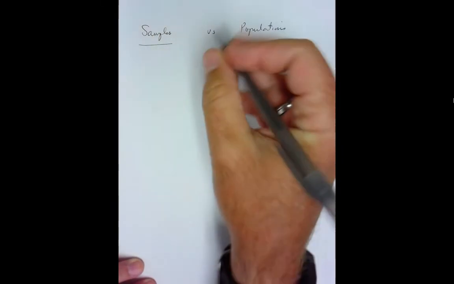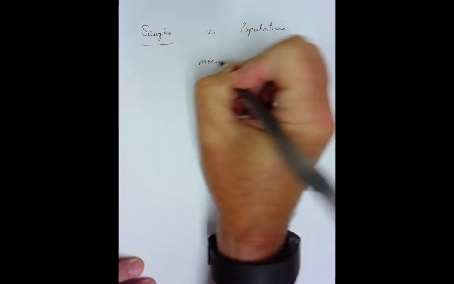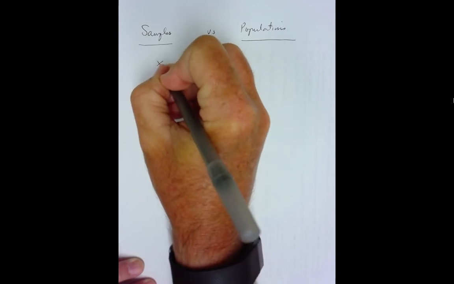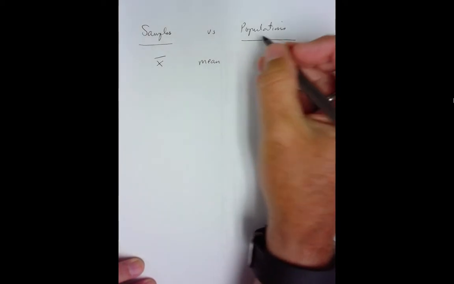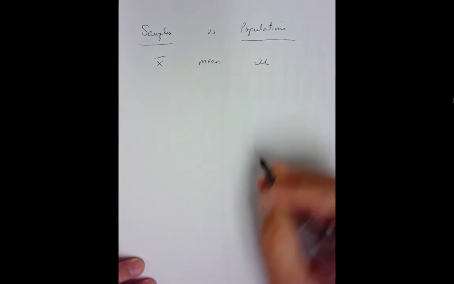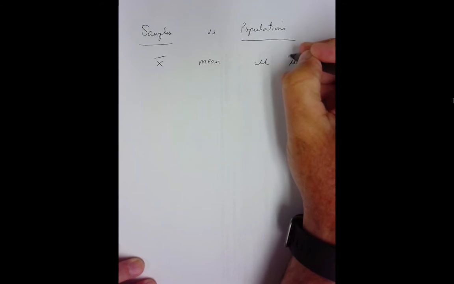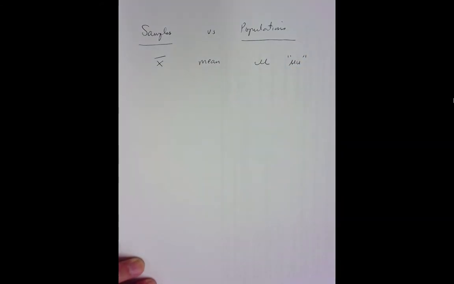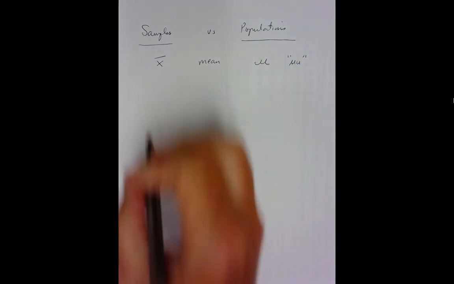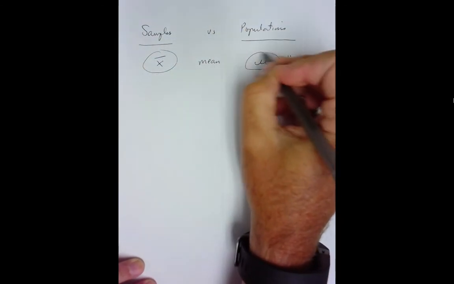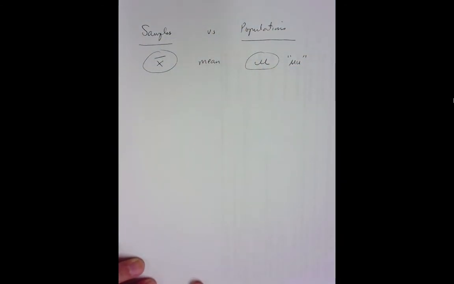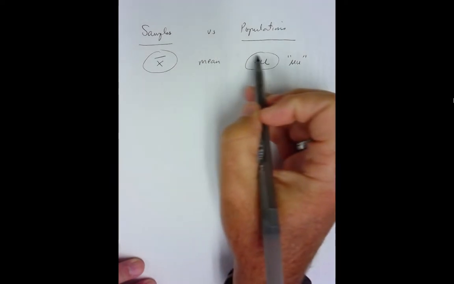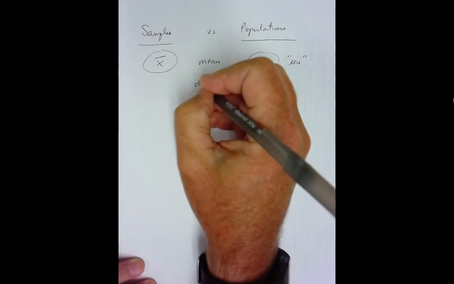In a sample, if I collect a mean, the notation I use is x bar. If I collect a mean out of a population, the notation is mu. So x bar versus mu. Which is the mean? Well, they're both the mean. This is the sample mean. This is the population mean.